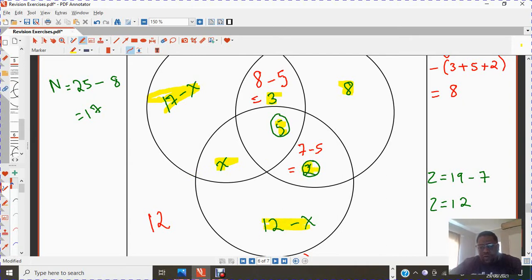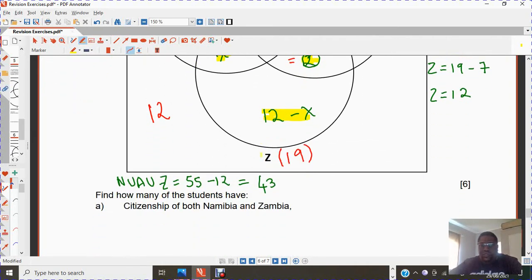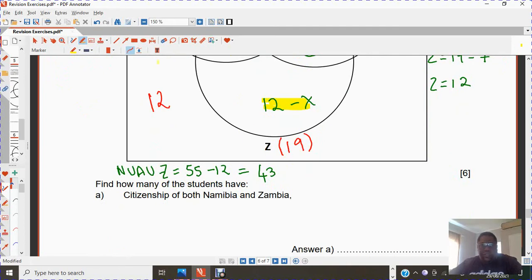If I add them all up, I can let that equal 43. So I'm just going to write it nicely somewhere here so that you can get the idea. I'm going to get to answering the question now. I just want to create space.